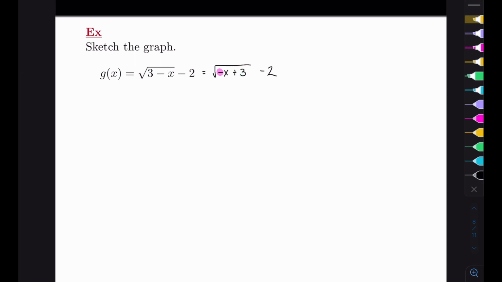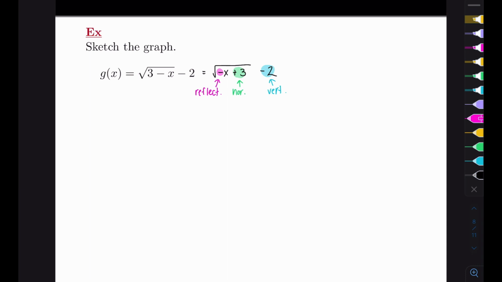We have a plus 3 also attached to the x. And then we have a minus 2 on the outside. So thinking about what each of these does, the plus 3 is a horizontal shift. The minus 2 is a vertical shift. And then this minus sign indicates some kind of reflection.